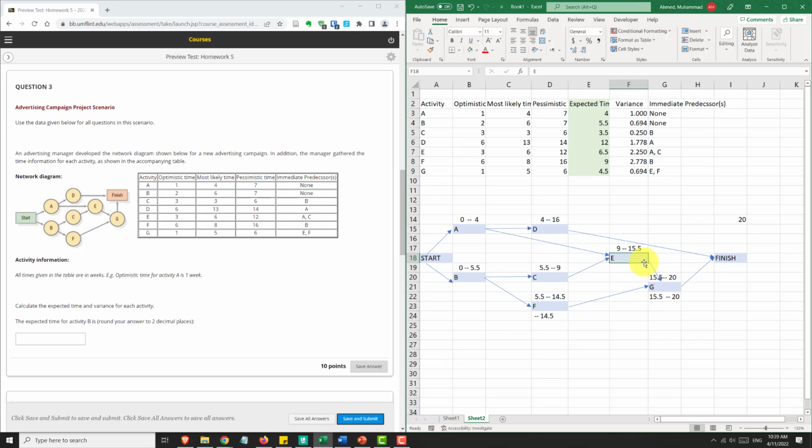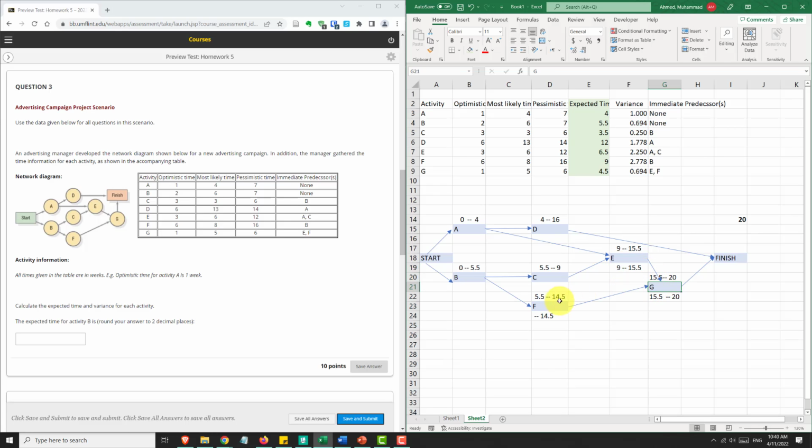E must finish by 15.5, otherwise we delay the project, right? So 15.5 minus the duration of E, which is 6.5, gives us a late start for E to be 9.